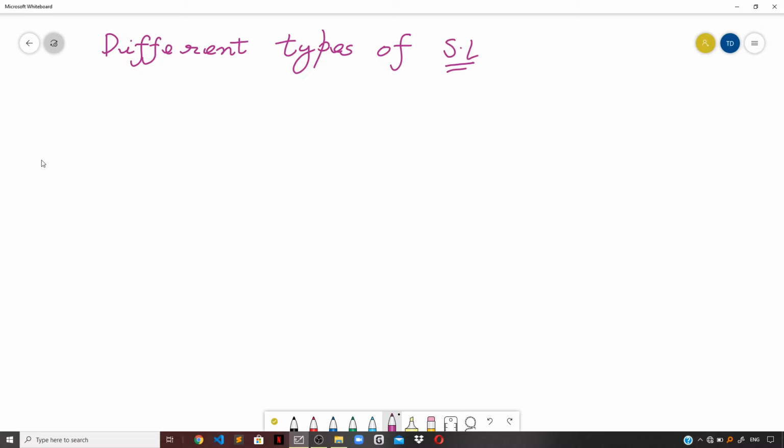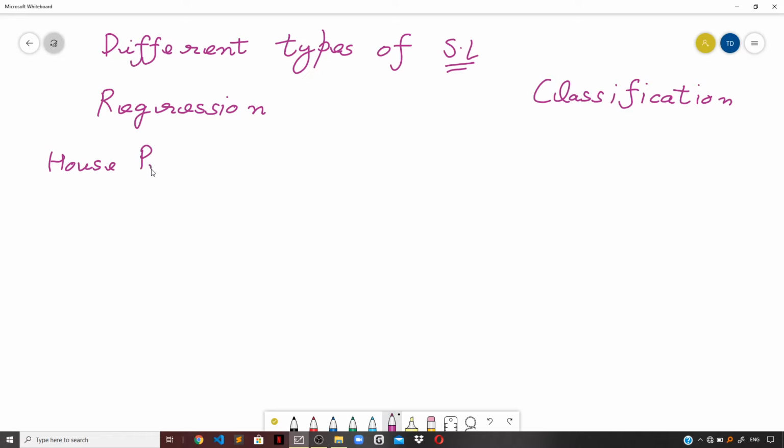Now let us discuss some key points about regression, which comes under supervised learning, and classification, which also comes under supervised learning. Let us understand a simple use case of house price prediction. So I will say house price prediction under the head regression.